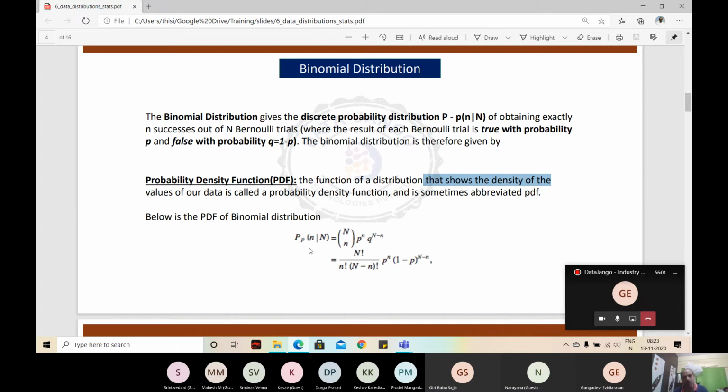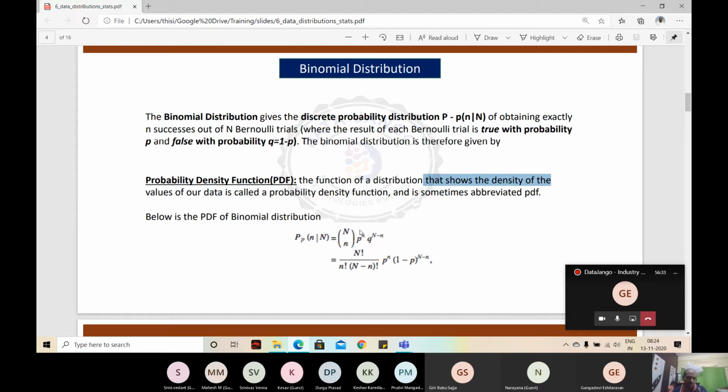When it is a discrete random variable, you call it the mass function, and when it is a continuous random variable, you call it the density function. I forgot the name for a moment: probability mass function and probability density function. For a continuous variable, we call it probability density function, and for a discrete variable, probability mass function.